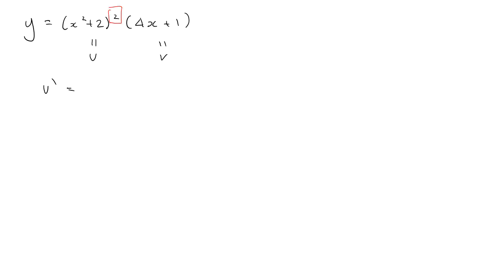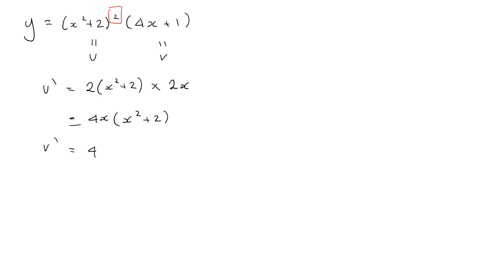And if you remember the chain rule, we get the derivative of the outside and multiply it by the inside. So we get 2 times (x squared plus 2) times the derivative of x squared plus 2, which is 2x. So 4x(x squared plus 2) is our derivative for u. Our derivative of v is equal to 4.